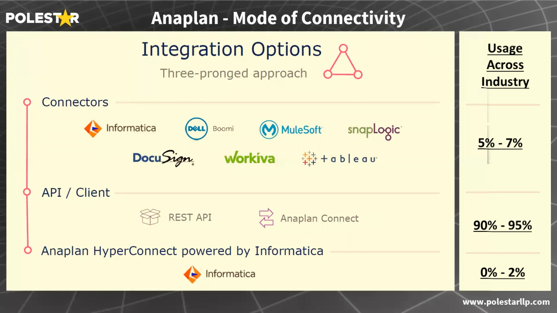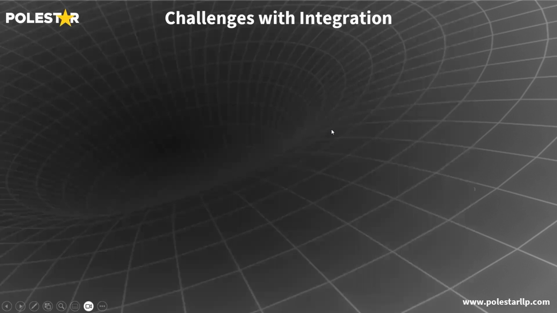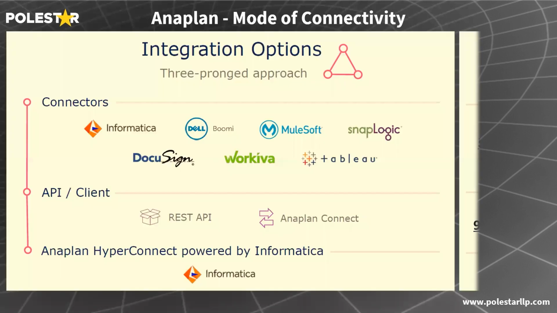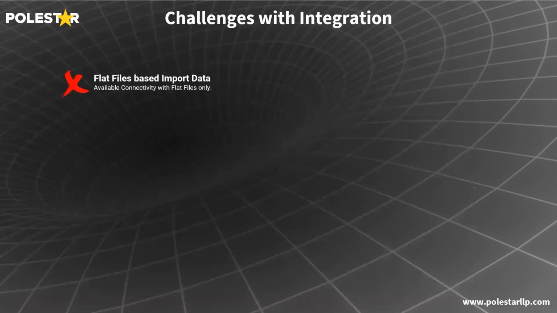And the rest, 0 to 2% use Hyperconnect, and 5 to 7% use different ETL tools, which include Informatica, Boomi, and MuleSoft. What are the challenges when we talk about these different integration systems?